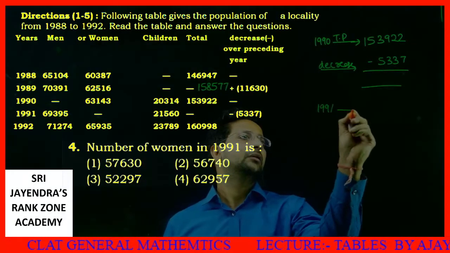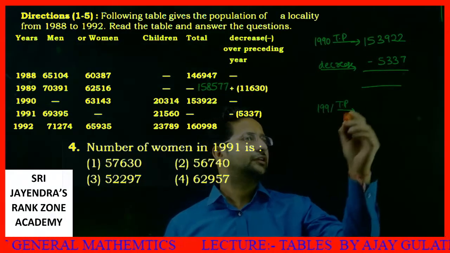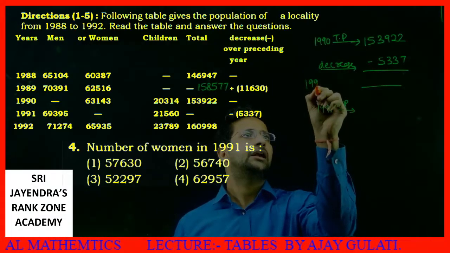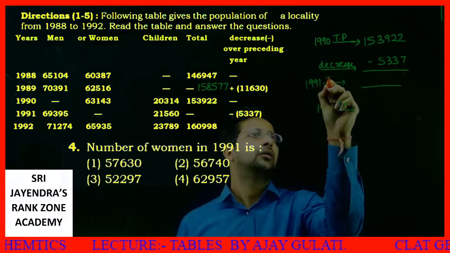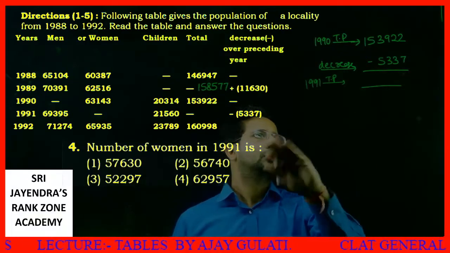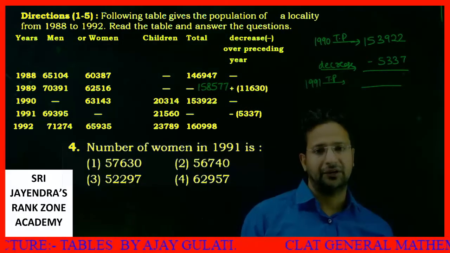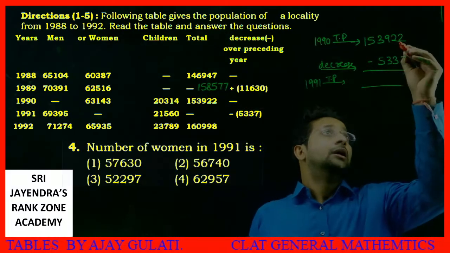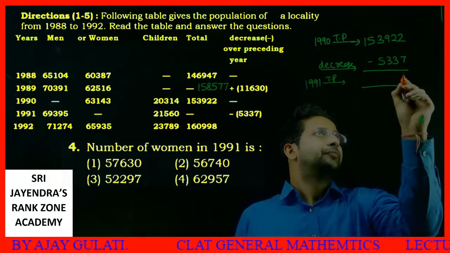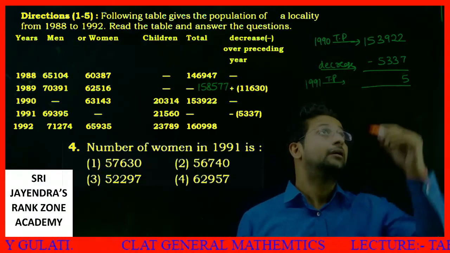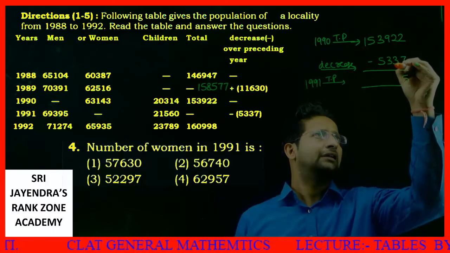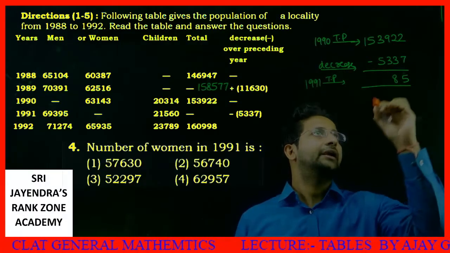1991 total population. Okay, see, 12 minus 7, 5. Clear? 1 carry, no? 11 minus 3, 8.